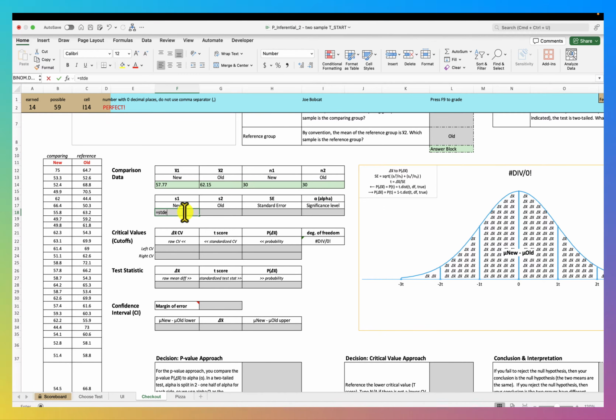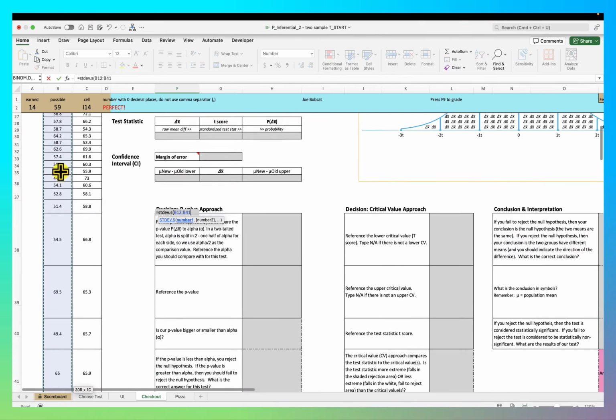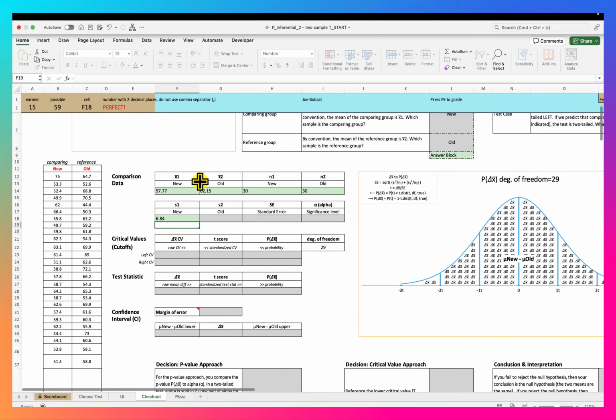And standard deviation, s, of new. Remember, we're using the sample standard deviation because we don't have the population. Standard deviation is not known.